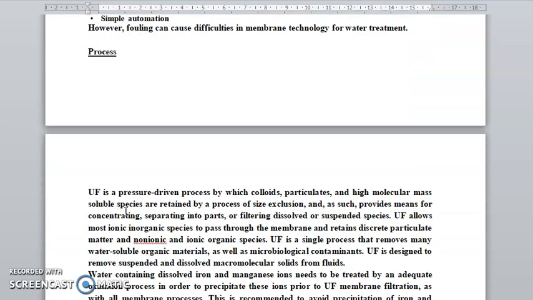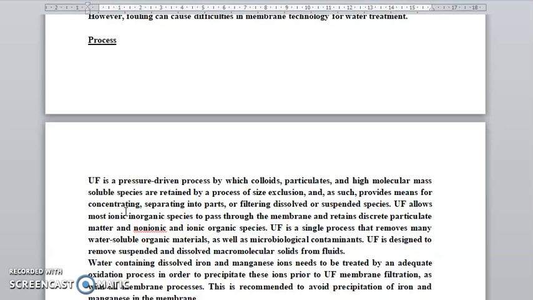Ultrafiltration is a pressure-driven process by which colloid particles and high molecular mass soluble species are retained by the process of size exclusion, providing a means of concentration and separation by filtering dissolved or suspended species.